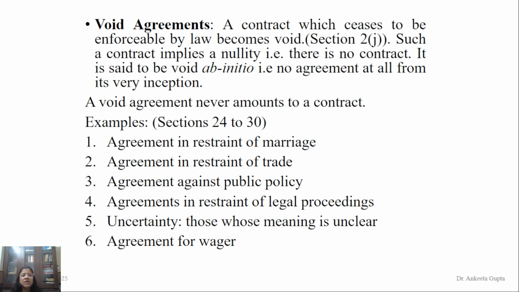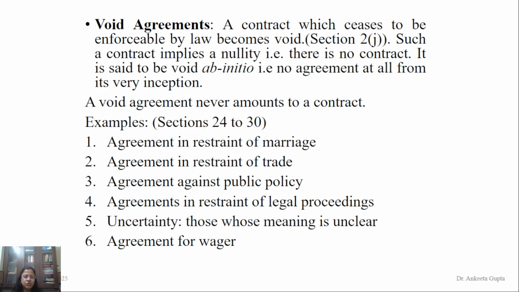So void agreements are the agreements that are not enforceable by law. They are void ab initio. That means there was no agreement right from the inception, and there is a complete nullity with respect to that agreement. Under the Indian Contract Act, there are some examples.